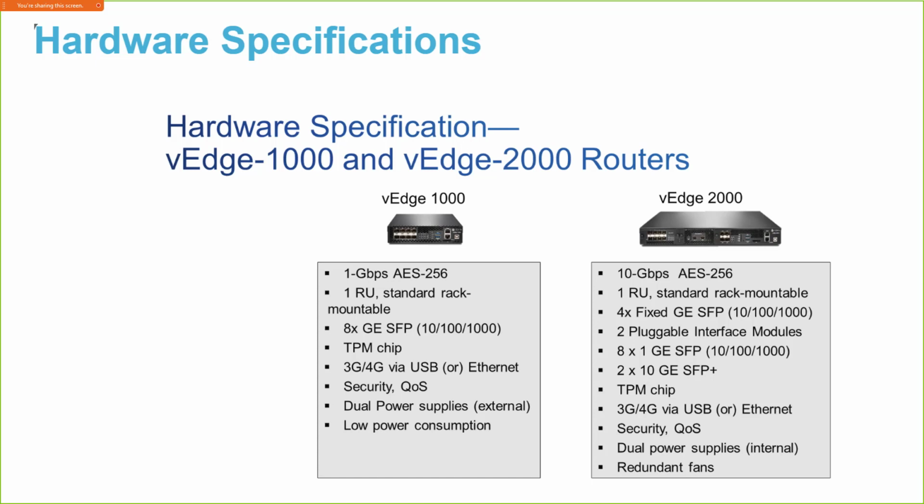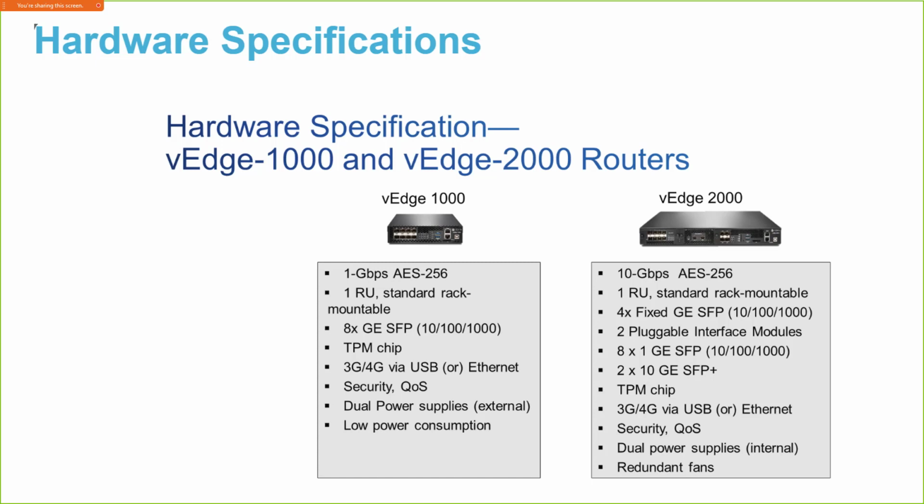And then you get into the higher platforms like the vEdge 5000, which is going to have 4 network interface modules. The ISR 1100 4G has 4 gigabit Ethernet WAN ports. The ISR 1100 6G is going to give you 4 gigabit Ethernet ports and 2 SFP ports and so on.